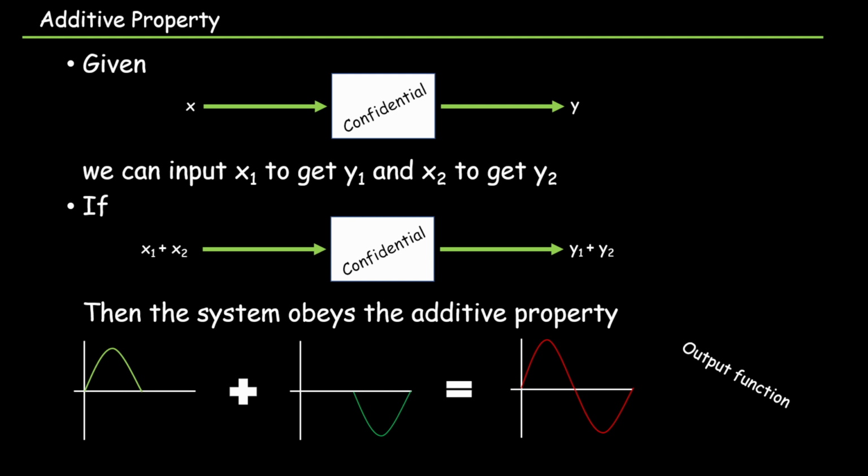As an example, again I'm only showing you the output functions, not the inputs. Let's say y1 gives you a sine wave from 0 to pi, and the other output y2 gives us another sine wave from pi to 2 pi. If you add them together, you just get a simple sine wave from 0 to 2 pi.